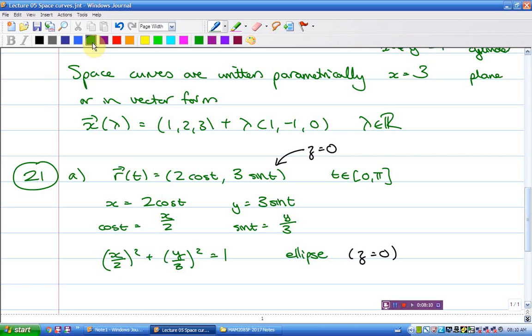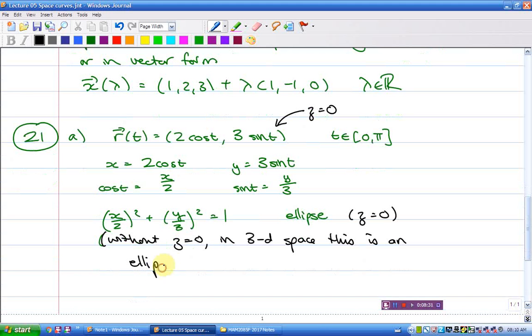Because in 3D space, without the z equals 0, this is not a curve, this is an elliptical cylinder. So like a circular cylinder, but you've squashed it a bit. So it's an elliptical cylinder.